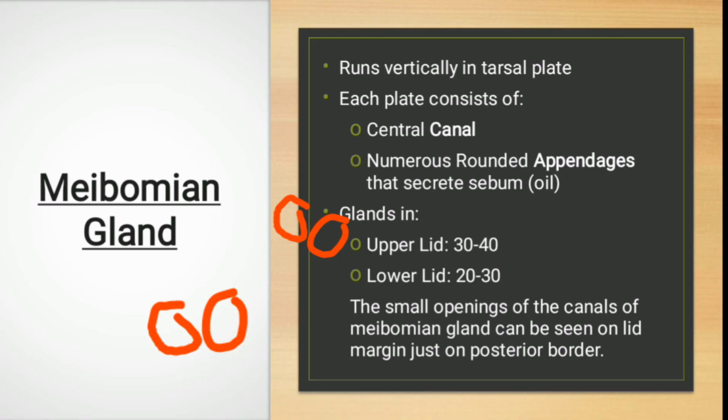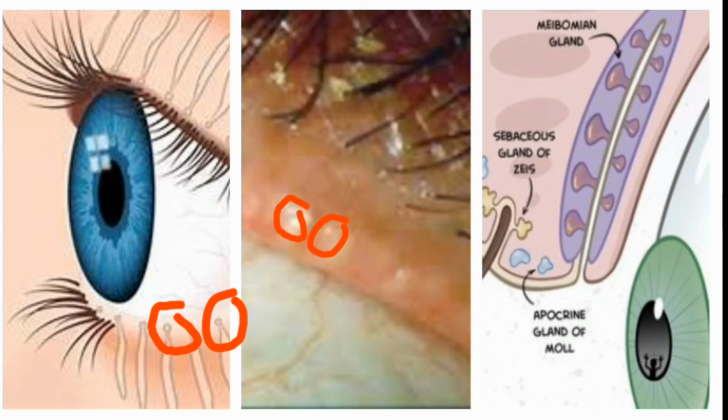You can see dot-like structures at the posterior border, along the whole lid margin. These are the openings of the central canal of each Meibomian gland, and you can see some shiny secretions on them. These shiny secretions are the oily secretions.